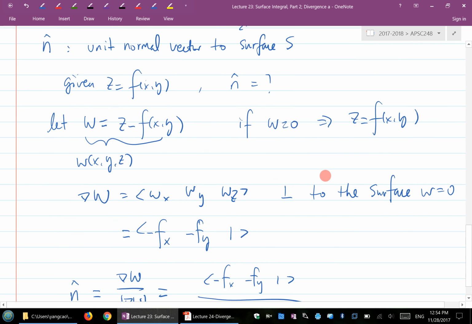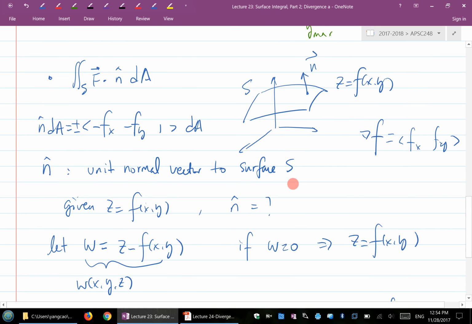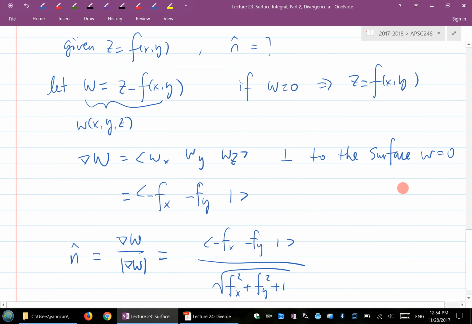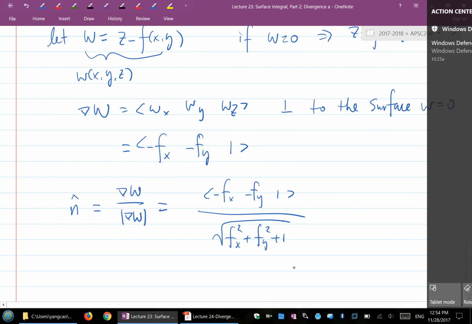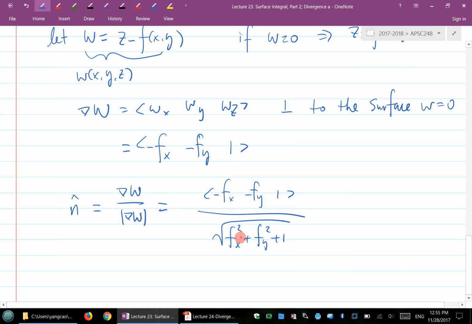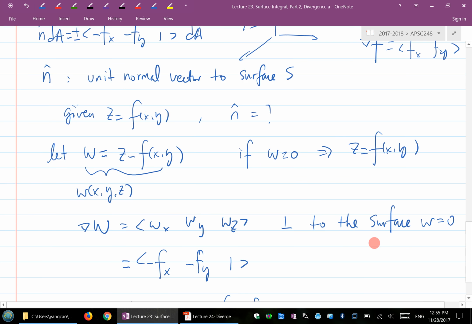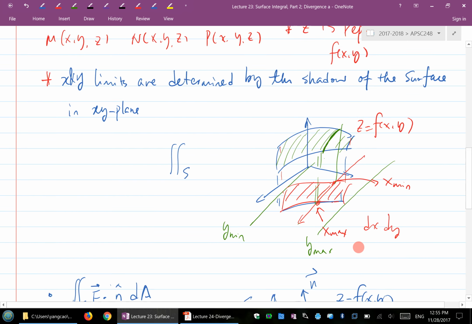If you look at the surface integral we're talking about, for this particular type of surface, n hat we're able to derive from our prior knowledge, which is this one. But we don't really need n hat; what we need in this formula is n hat dA. I didn't derive it, but I wrote it down already.